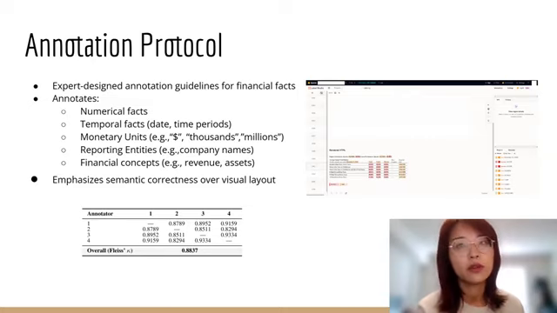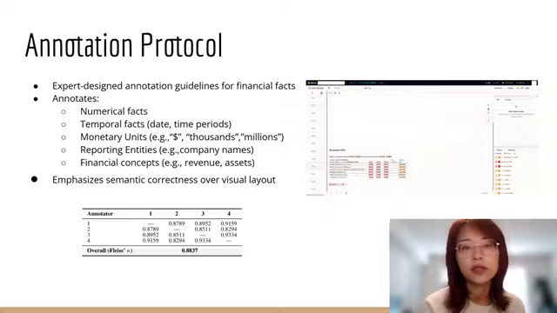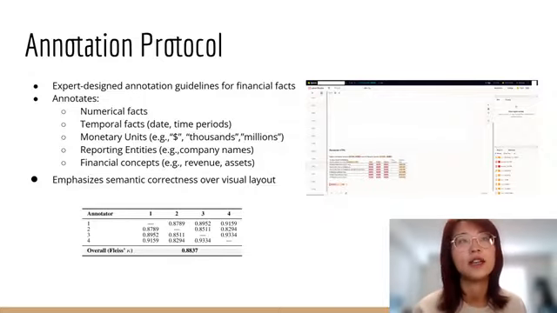For numerical facts, we focus on the numbers that are related financially in the financial documents. Other general domain numbers, such as phone numbers and section numbers, are not considered numerical facts here. For temporal facts, we are considering 2 types: the specific date and the time period.